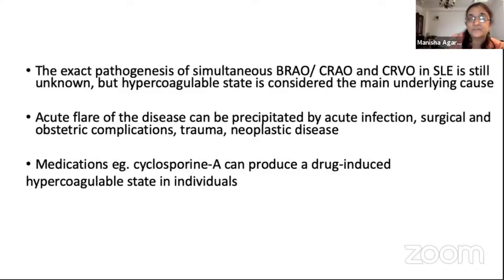An acute flare of the disease can be precipitated by any event of acute infection, surgical or obstetric complications, trauma, and neoplastic disease. Now, another thing is to take a history of cyclosporin, a drug which can cause a drug-induced hypercoagulable state in individuals with SLE and can precipitate an acute event.